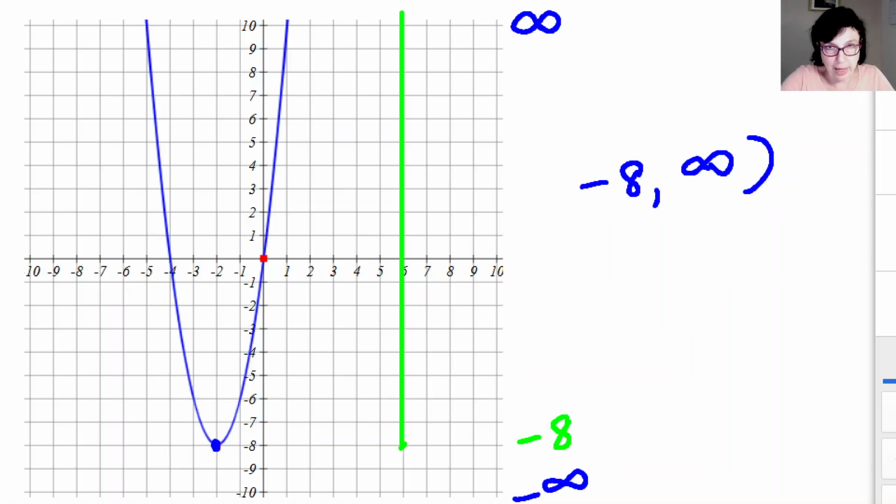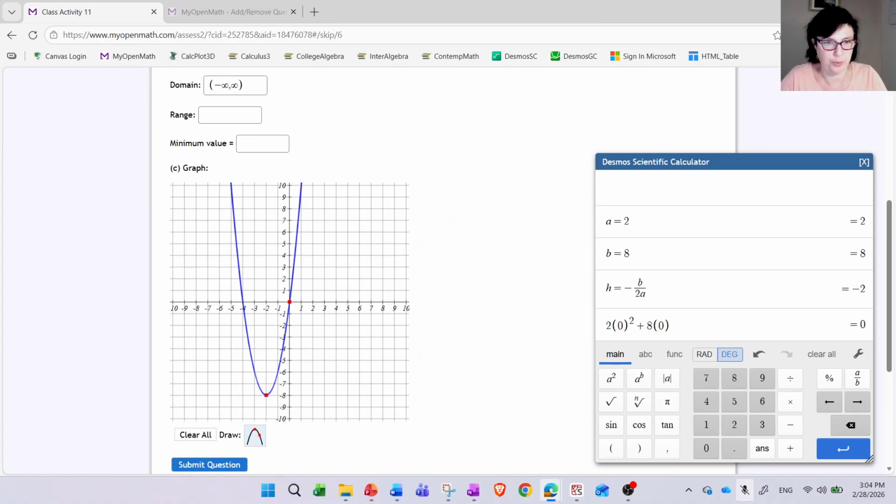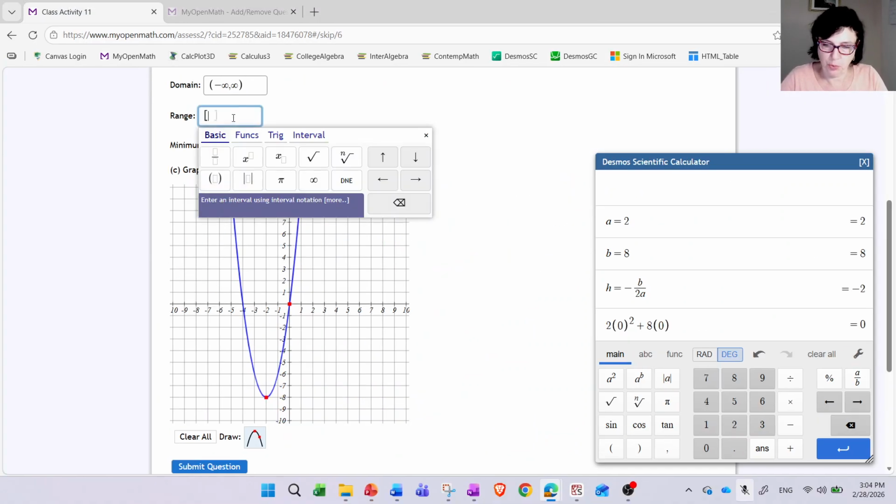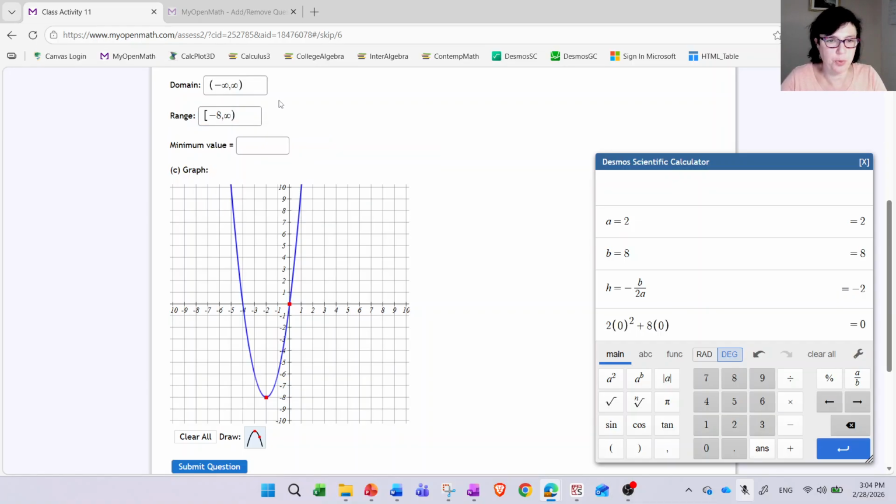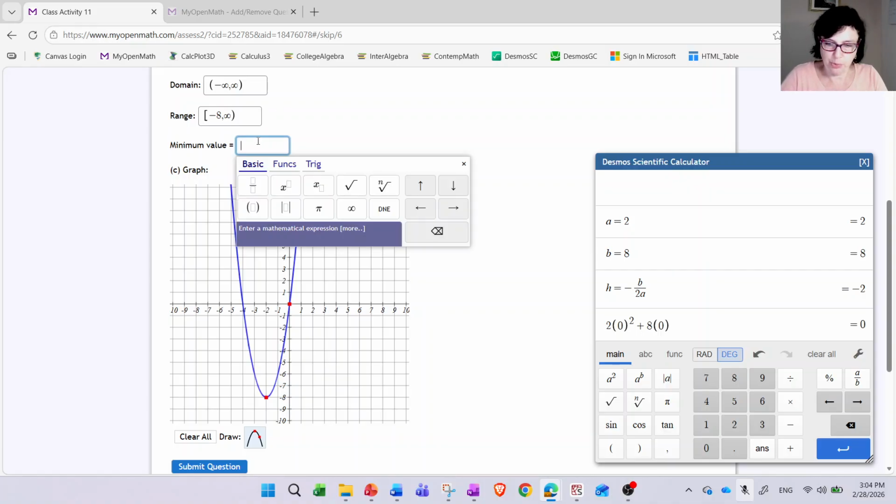In other words, it can reach -8, which means that -8 is going to be included. That value, -8, is also the smallest, or what they call the minimum value. It doesn't go anywhere below that number. Okay, which means that we're going to type -8, infinity, make sure infinity is in parentheses, and the smallest value is -8 in this case.